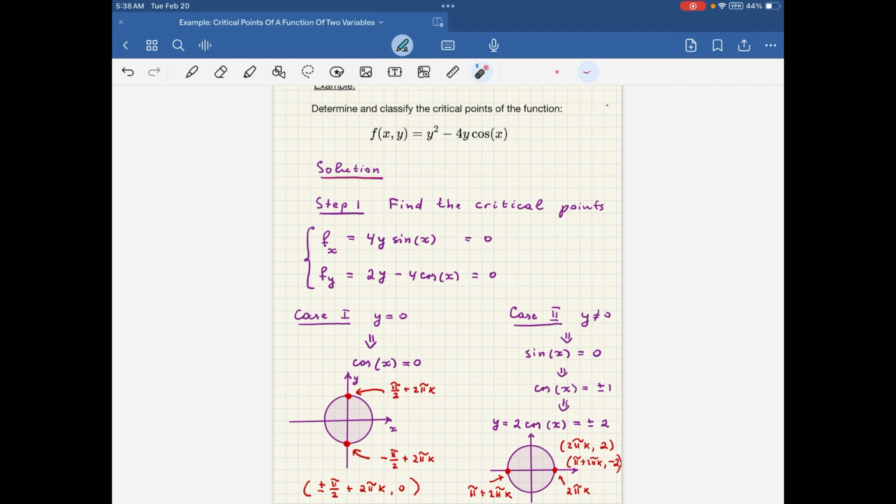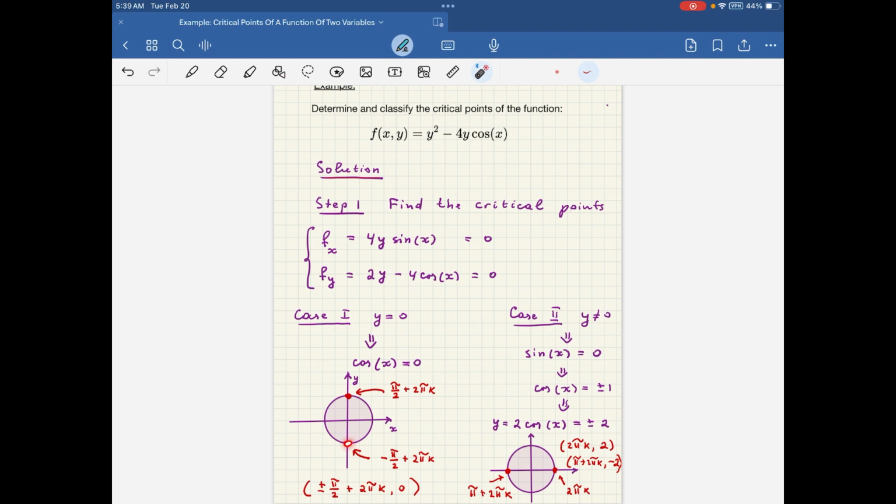And okay, so we get these 2 points on the unit circle. The first point corresponds to values of x equal to pi over 2 plus a multiple of 2 pi, which we can write 2 pi k, where k is an integer.